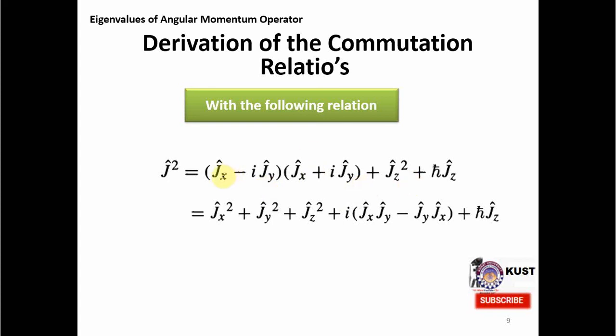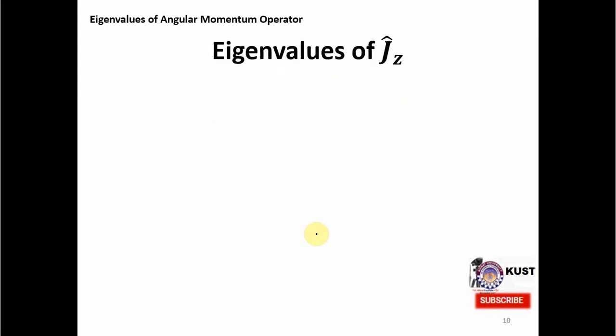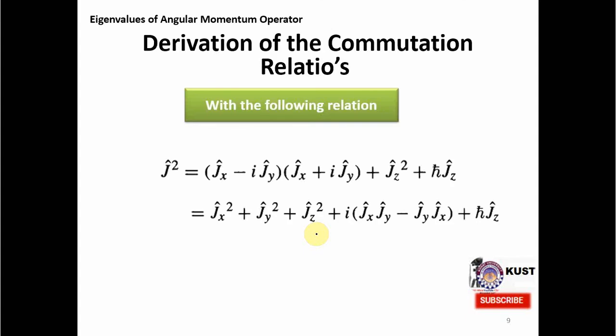So you get jx square, jy square, and jz square, and for the mixed components, i is common: jx jy minus jy jx, plus h bar jz. But as you see, this is just a commutator, and the commutator will give you a value that cancels this term, and the rest will be equal to j square, the definition of j square. In a similar way, you can derive the other relations. I leave it to you as an exercise.